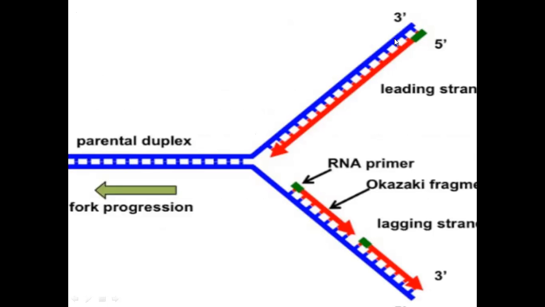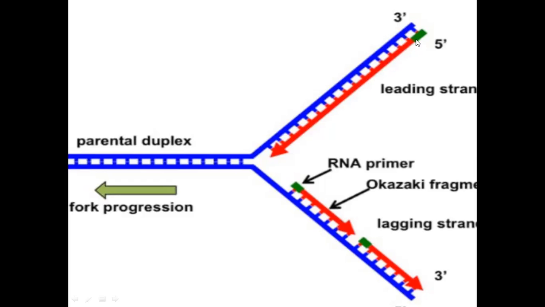This is the 5'3' strand, and this is the 3'5' strand. The DNA polymerase can read the strand in 3'5' direction, and a 5'3' continuous strand can be formed here. Now, this green portion is the RNA primer.